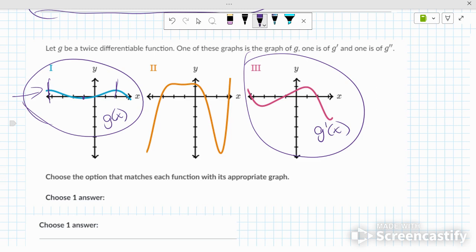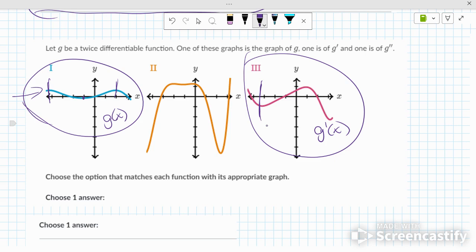Now the second derivative is the first derivative of the derivative, right? So this is decreasing from here to here. So it needs to be below the x-axis for this. Is this one below the x-axis until there? 1, 2, 3.5 over.